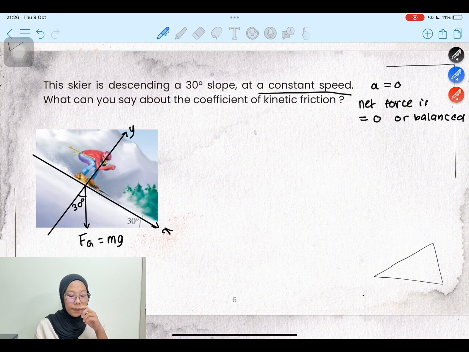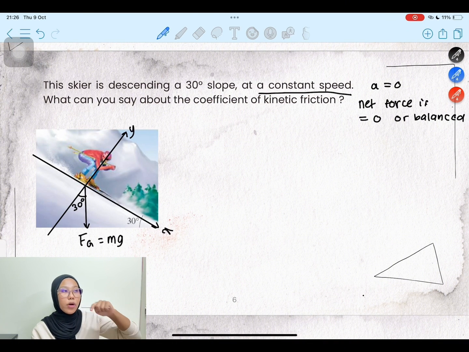So let's determine the forces. For the x-axis, the direction of the motion is towards the x-axis. So here is the direction, and here we got Fgx. The normal force is always perpendicular to the surface, so here is the normal force.